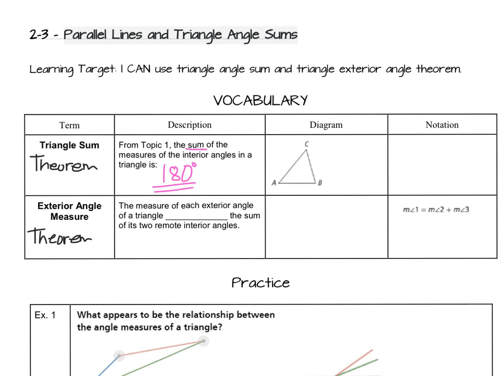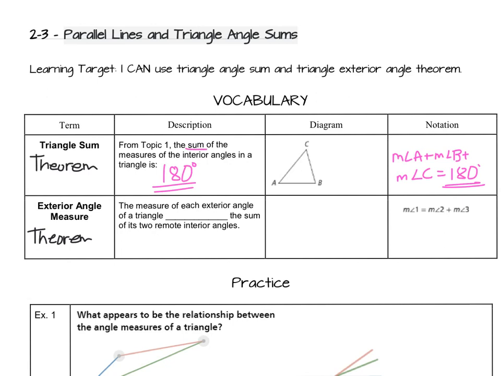Our notation is that the measure of angle A plus the measure of angle B plus the measure of angle C should have a sum of 180 degrees. If you know any two of the three angles, we should be able to just subtract from 180 to get that missing angle.